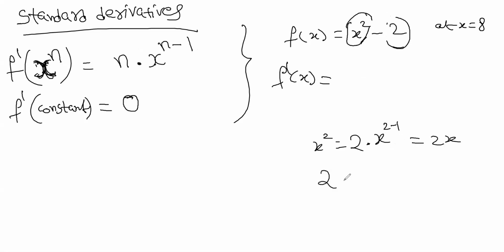What is differentiation of 2? 0. So it is 2x minus 0, which is 2x.